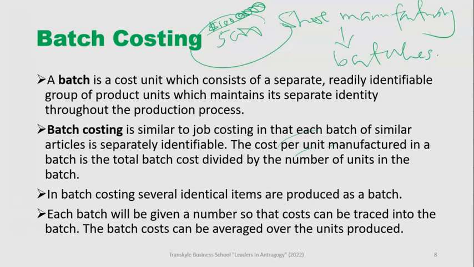So to find the cost per pair of shoes, you divide by 5,000 and you get your cost per unit. It's very simple, isn't it? To find the cost of producing one shoe, you divide the total cost by the units in a batch, and you get the cost per pair of shoes.